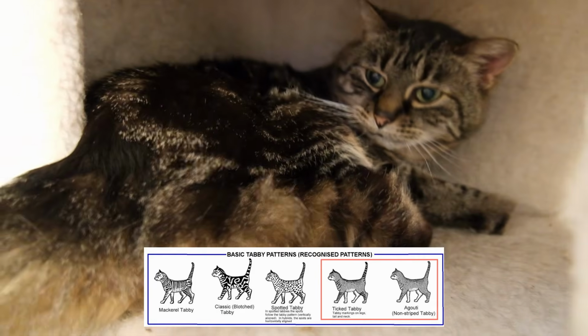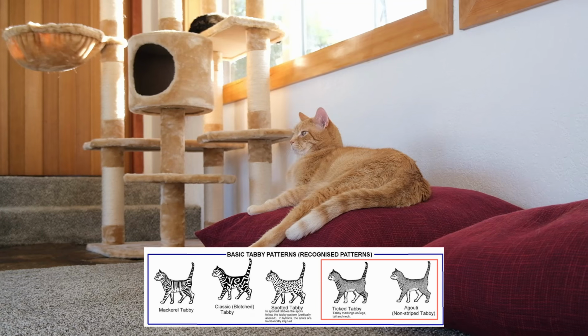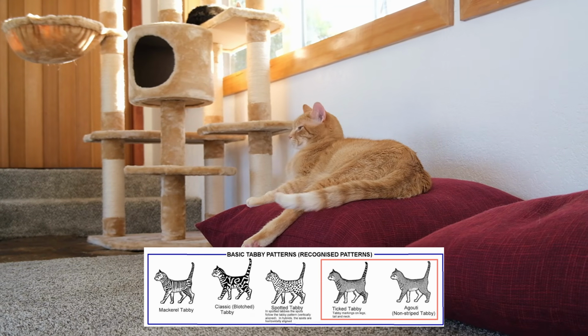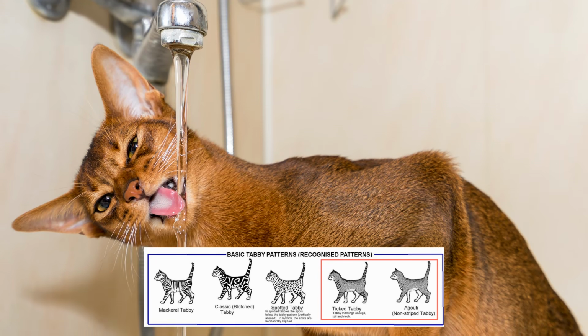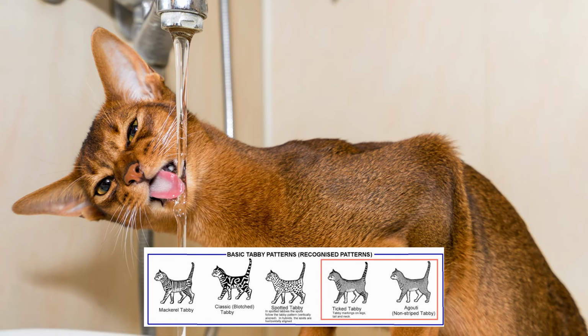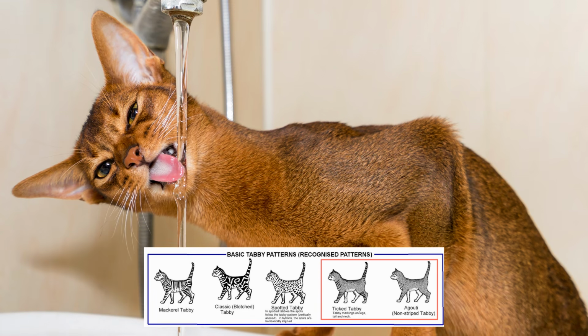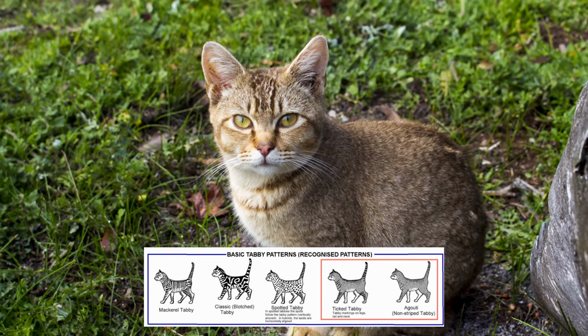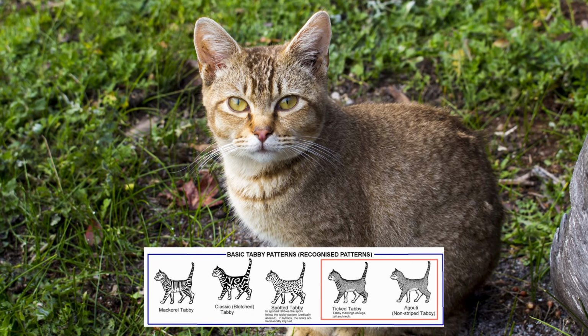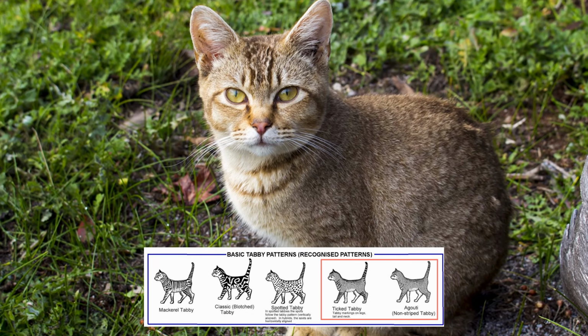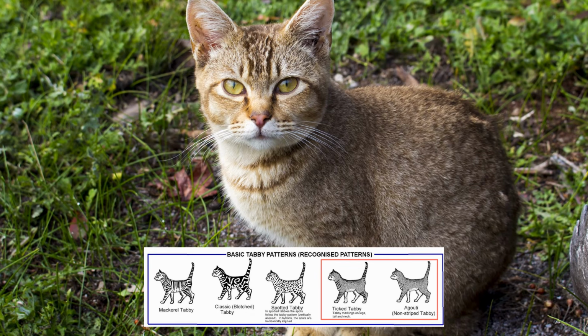And while other types of tabbies get these markings from variation in the way the colors are located on each strand, a ticked tabby has an even agouti coat, which means that the colors on each strand are pretty much the same all across their body. Ticked tabbies will usually have some stripes on their face, on their neck, and on their tails, but for the most part they have a very even agouti look to them.